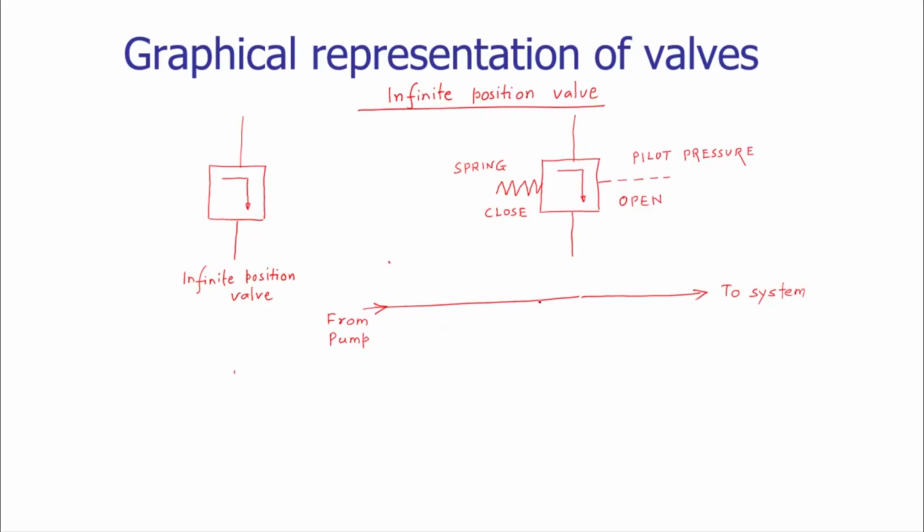We have taken a branch of the fluid, and that branch of the fluid is passed through this valve. As you know, the normal position of the valve is closed due to the spring. The pressure is applied by the spring.